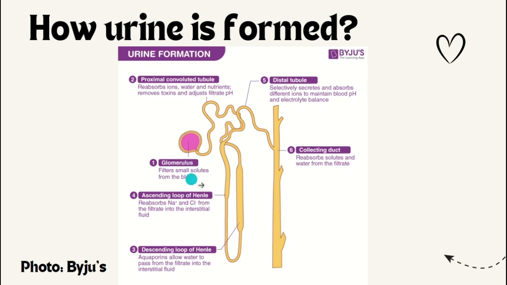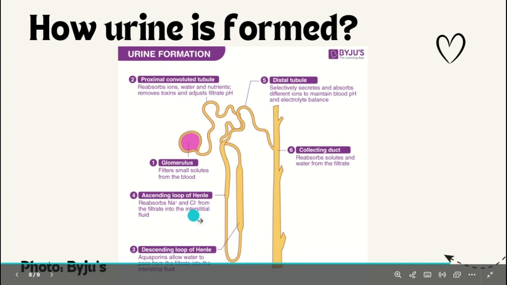So it's basically a filtering process. Filter out the small solutes, then reabsorb the ions, water, nutrients, remove the toxins, adjust the filtrate pH. Then in 3, you have the descending loop of Henle, right?